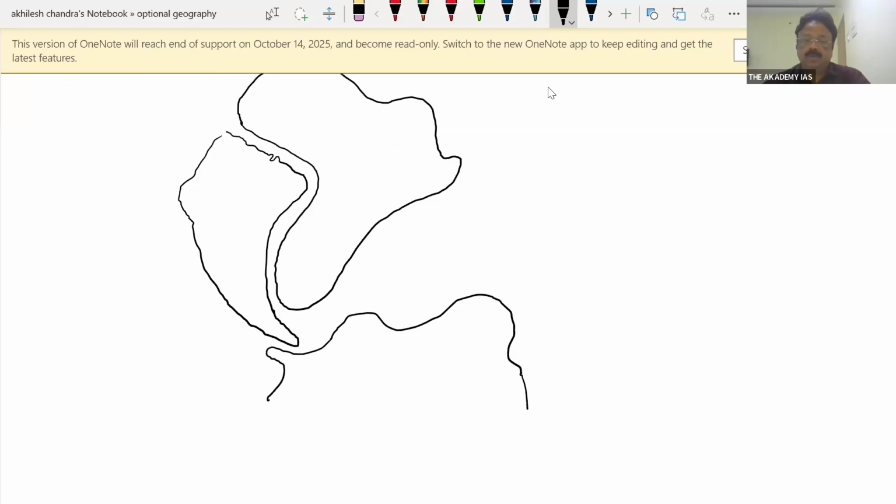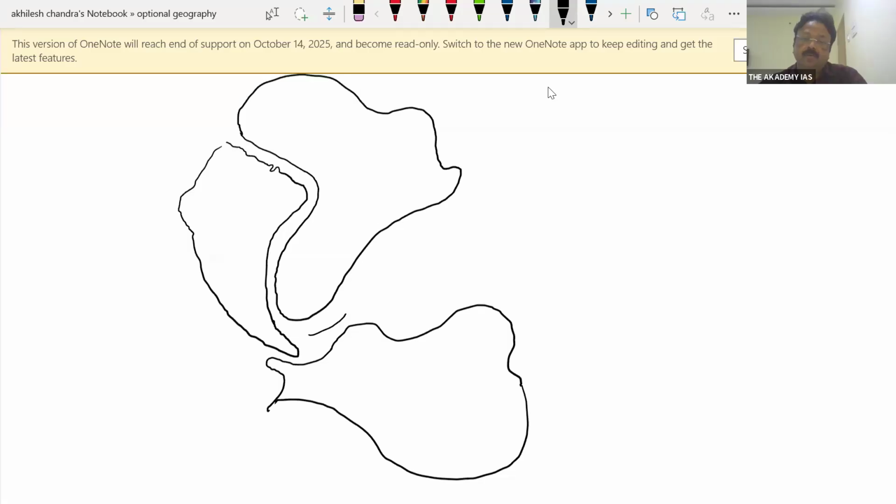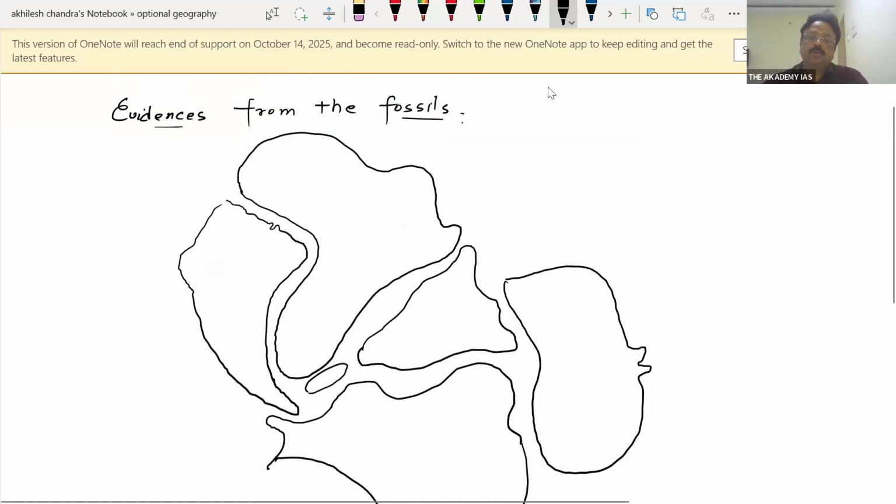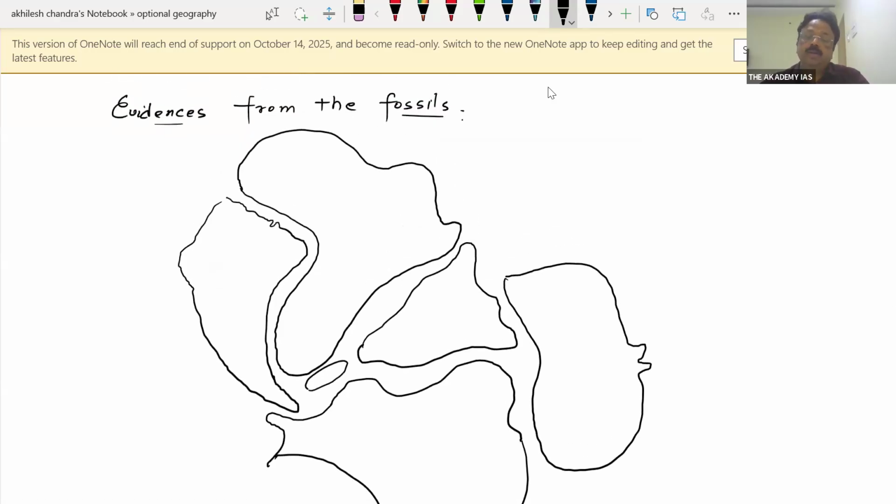I'm just trying to make Antarctica. Here you will find Madagascar, India, and Australia. So this is what represents Gondwana.